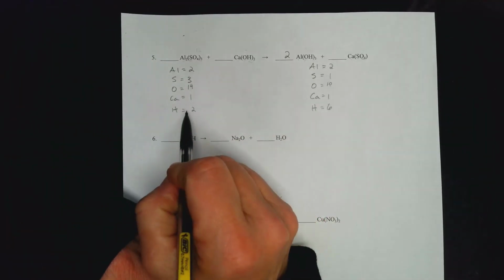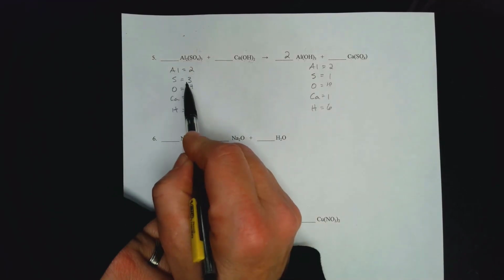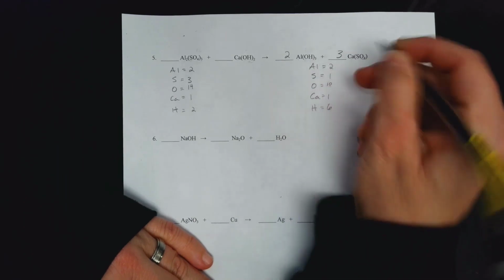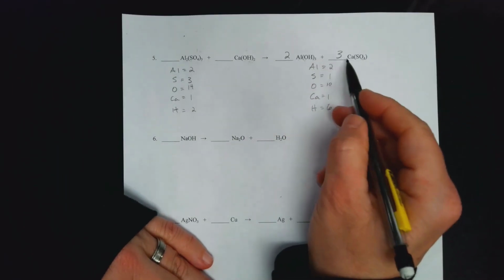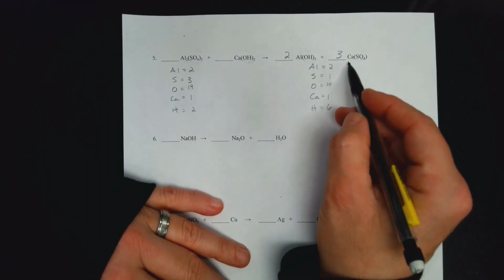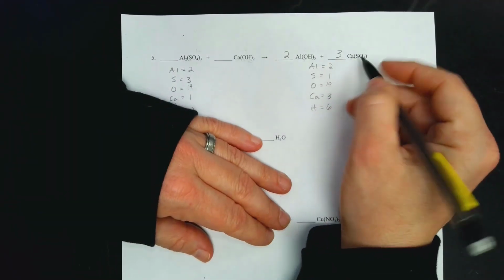So now the simplest one for us to go ahead and balance is going to be our sulfurs, because again, that's a 3 to 1. So I'm going to go ahead and take that 3 and put it right here, because this is the lesser quantity. That's where the coefficient's going to go. So now I have to update my quantities. So this 3 means that I now have 3 calcium, so I have to write that down.